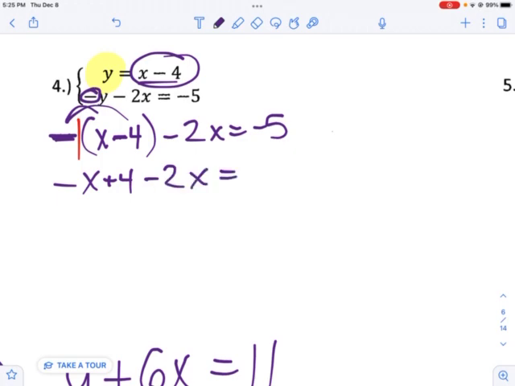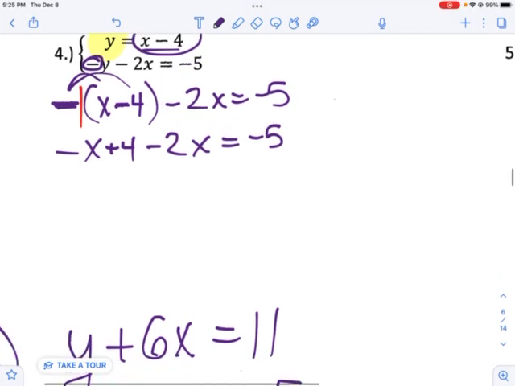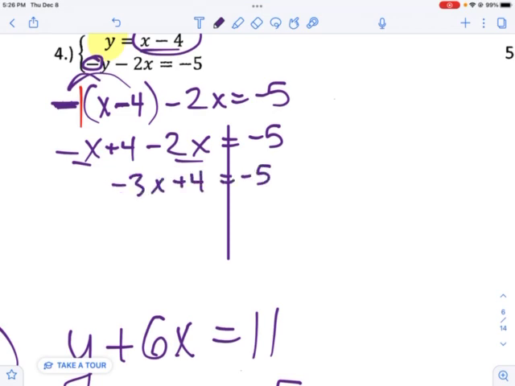All right, so now let's combine like terms. -x and -2x is -3x plus 4 equals -5. Let's subtract 4. -3x equals -9. Divided by -3, and I have x equals 3.